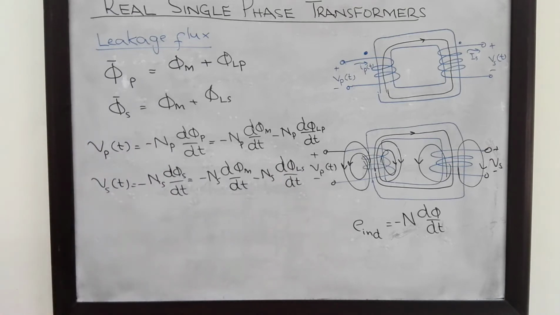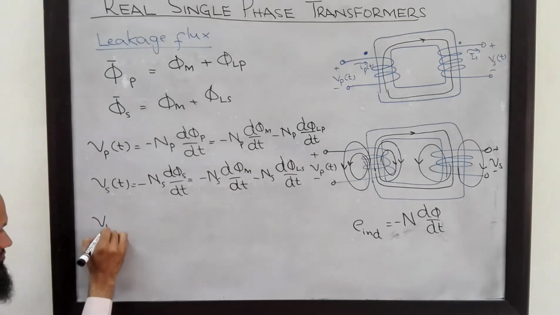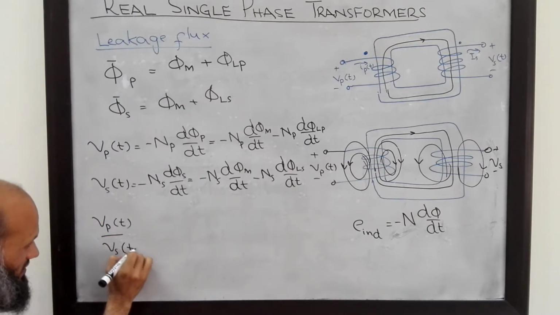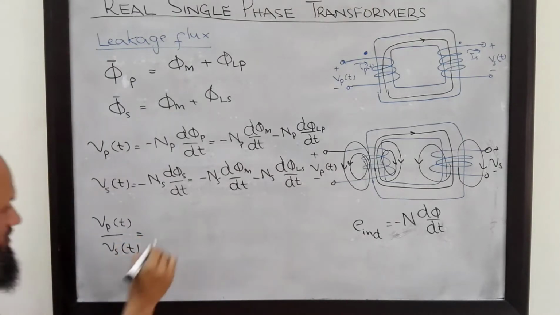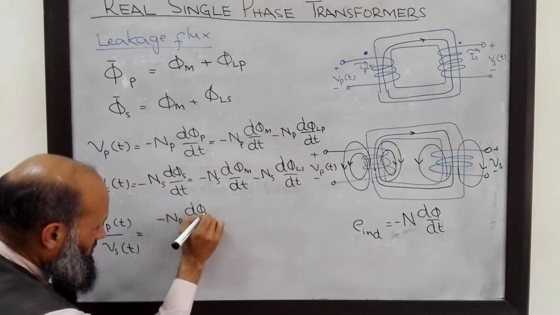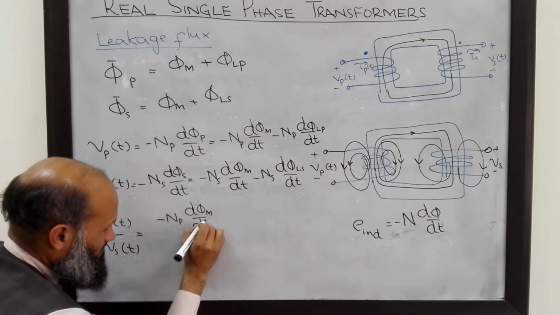And the ratio of the primary and secondary voltages, Vp(t) over Vs(t), is given by minus Np dφm/dt.